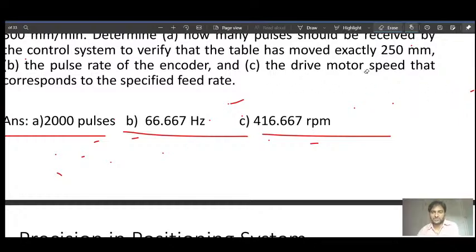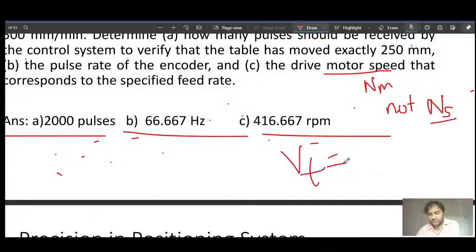Next is the drive motor speed that corresponds to the specified feed rate. Now here what it is asking, motor speed, it is asking Nm, not Ns, not a screw speed. So if we use Ft is equal to Vt is equal to Ns into P, that was the concept for linear motion. So replace Ns by Nm by again Rg value.